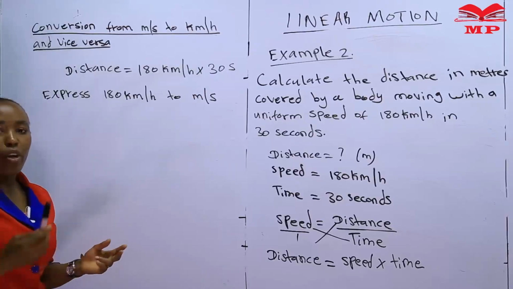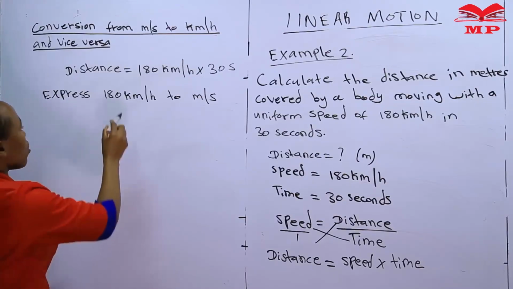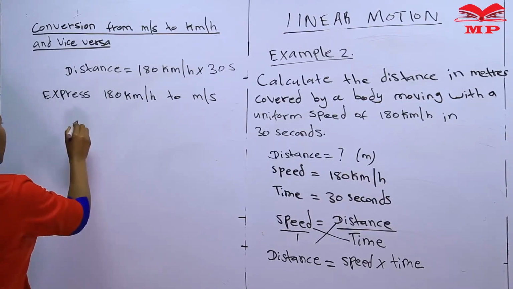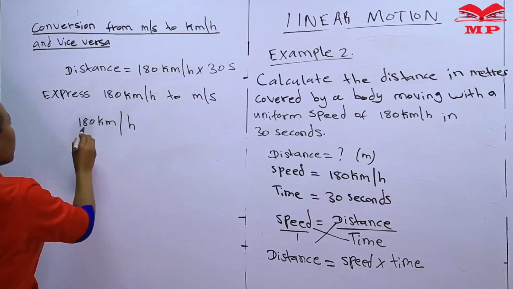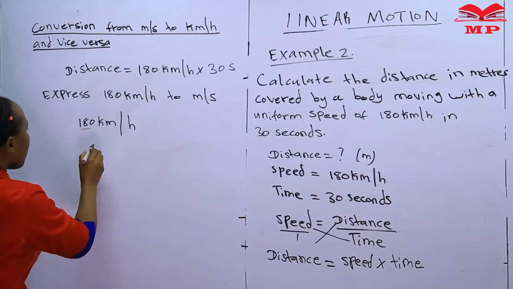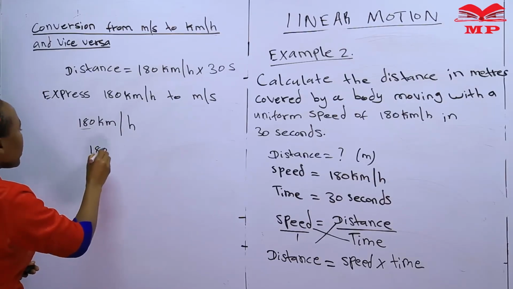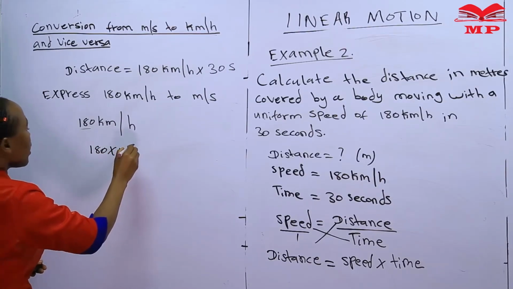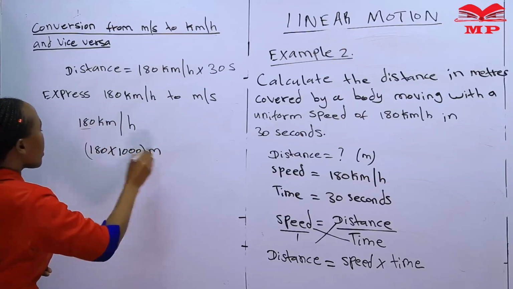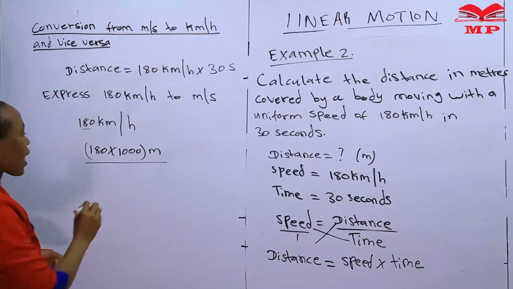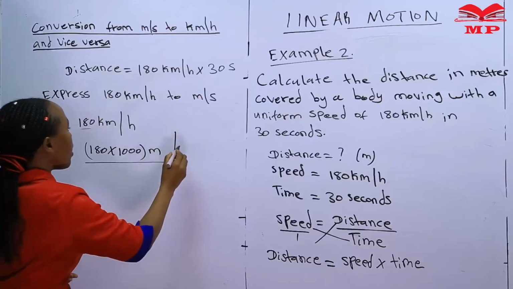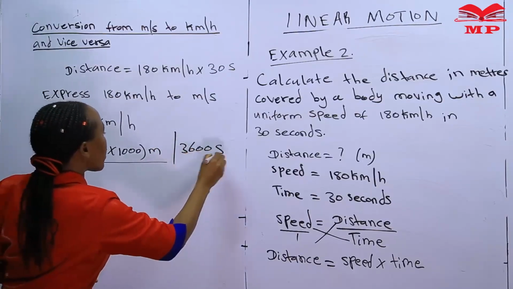We can use any of the two methods. We can just say 180 kilometers per hour. These 180 kilometers are an equivalent of 180 times 1,000 meters. Then we convert the hours into seconds, so we have per 3,600 seconds.